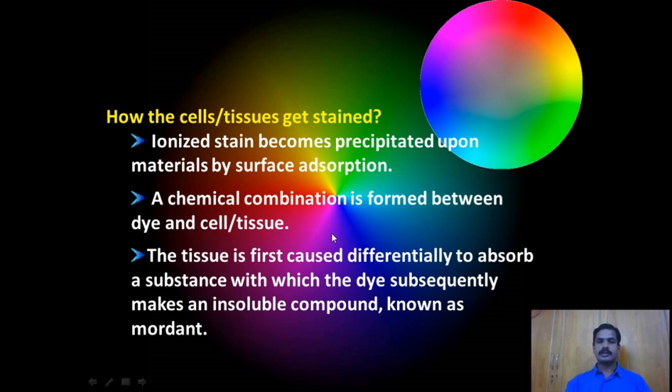The tissue is first caused differentially to absorb a substance, a mordant, with which the dye subsequently makes an insoluble compound. So these are the ways in which the stains make color difference or contrast in tissues or cells.